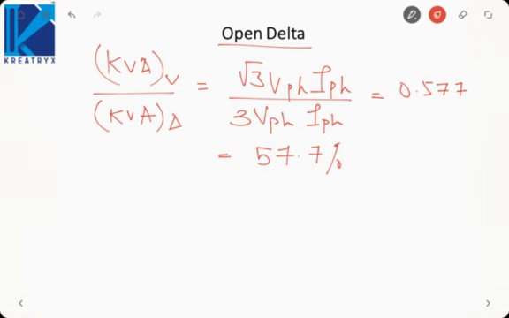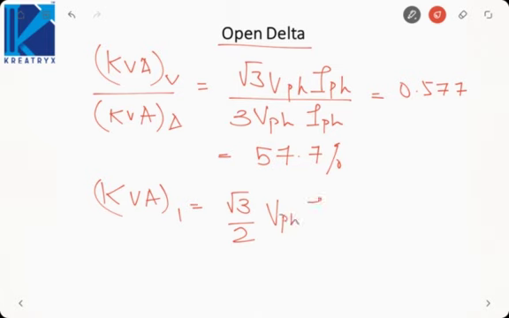You need not shut down the entire transformer in case one phase develops a fault. We can operate the transformer at a reduced capacity. How much is it reduced? 42.3% it is reduced. So remaining power is 57.7%. And the KVA handled by one transformer would be root 3 by 2 into V phase into I phase.